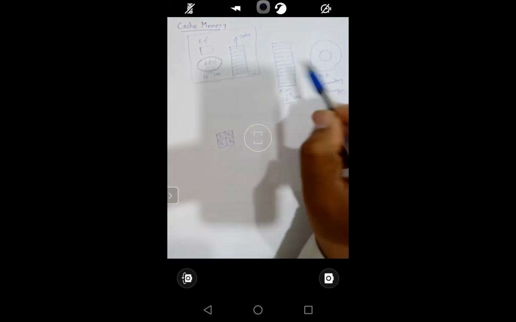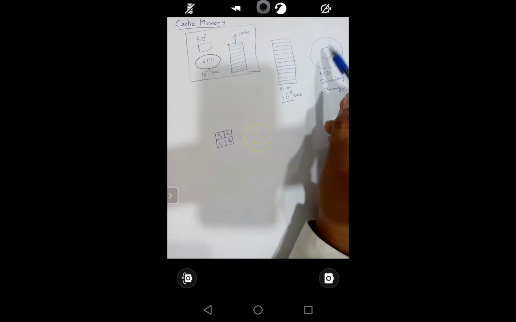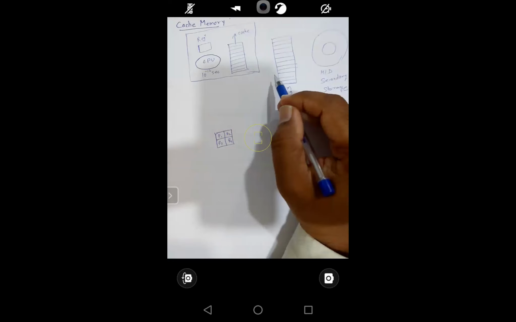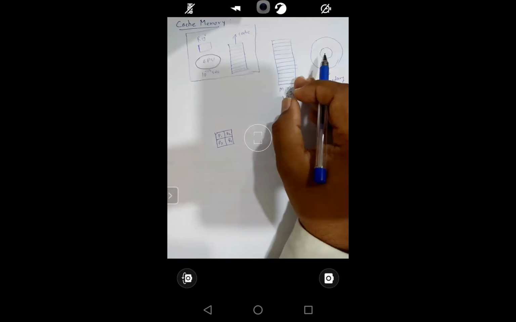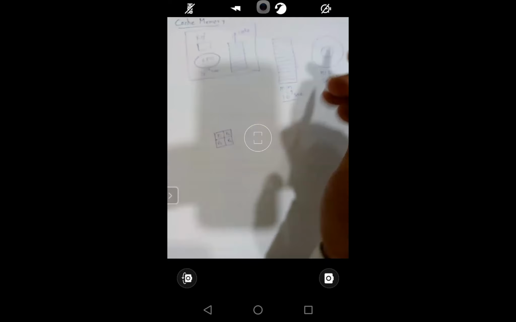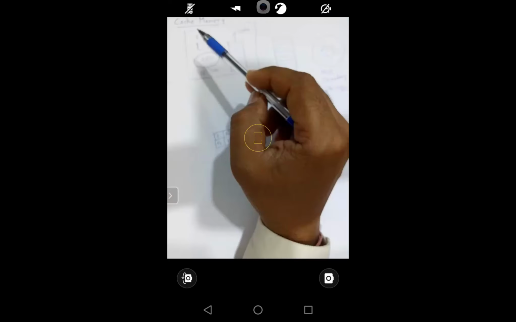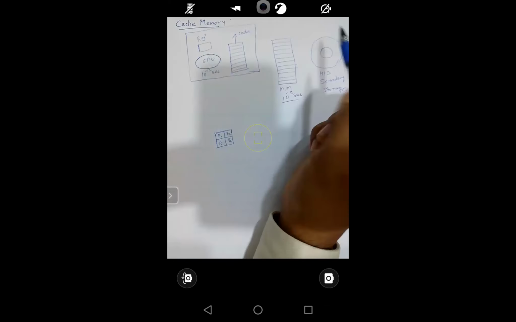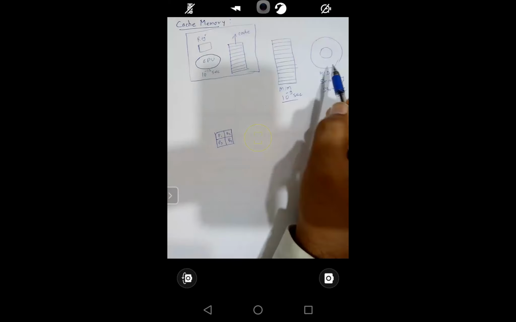So in the hierarchy, you will find multiple memories in the computer. It is very easy to understand. Speed wise, the register has the highest speed and your hard disk has the lowest speed.